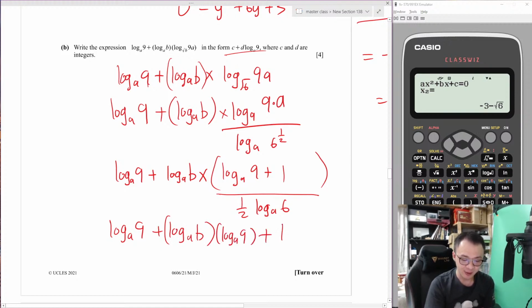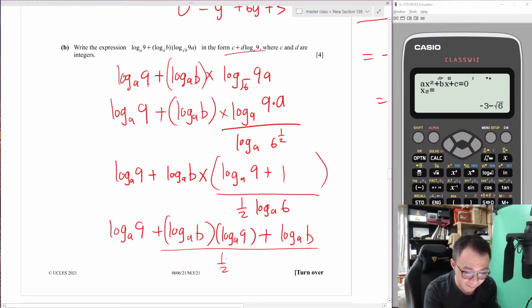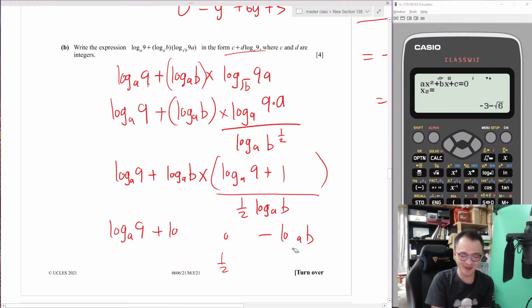And then here will be over 1 over 2. Oh, this is b, no wonder. This is b. This is not 6. Yeah, no wonder I do and do, I find it becomes weird and weird. Okay, this is b. Then it's fine now. It just stuck me for a while. I thought it was a 6. It's so weird.